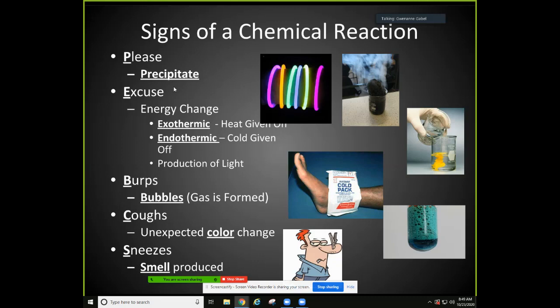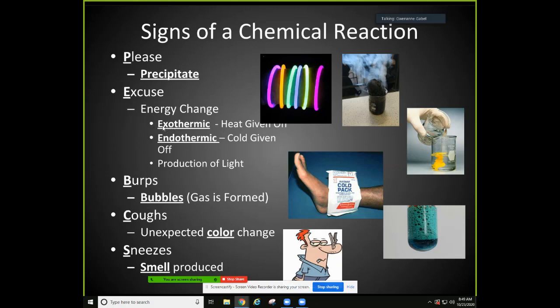Your milk's going to get chunky. Kind of gross, but it's cool at the same time. Okay? The E, we say excuse, stands for an energy change. Okay? And there's 3 types of energy that we focus on. We focus on exothermic, endothermic, and then light. So heat energy or thermal energy and light energy.